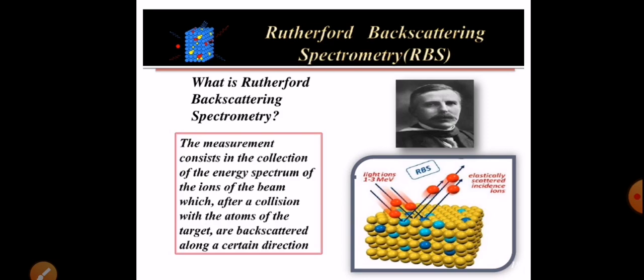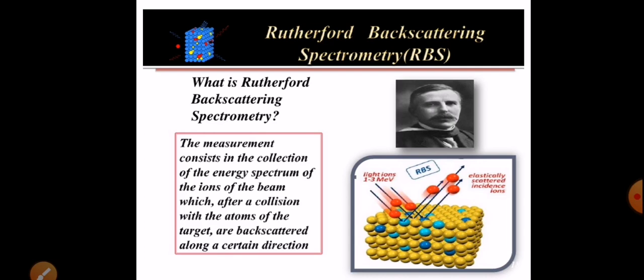What is RBS? It is actually the measurement process which consists in the collection of the energy spectrum of the ions of the beam, which is collected after a collision with the atom of the target. Usually the backscattered beam is selected, and a detector placed at an angle of 180 degrees will collect only those backscattered beams, and then energetic measurements of that backscattered beam are done and quantitative measurements are taken.